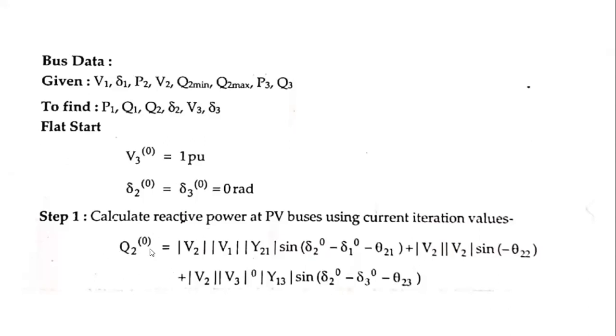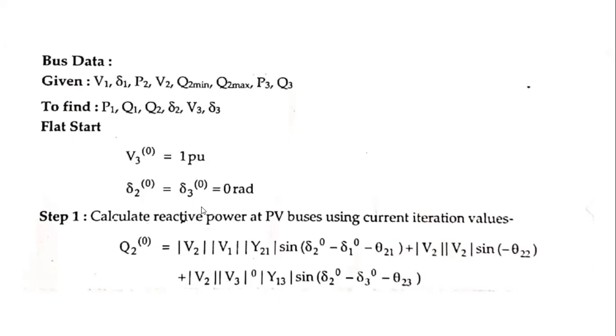Q2 of 0 is equal to V2 V1 Y21 sine of (delta 2 of 0 minus delta 1 of 0 minus theta 21) plus V2 squared Y22 sine of (minus theta 22) plus V2 V3 Y23 sine of (delta 2 of 0 minus delta 3 of 0 minus theta 23). This is the calculation for Q2 of 0.